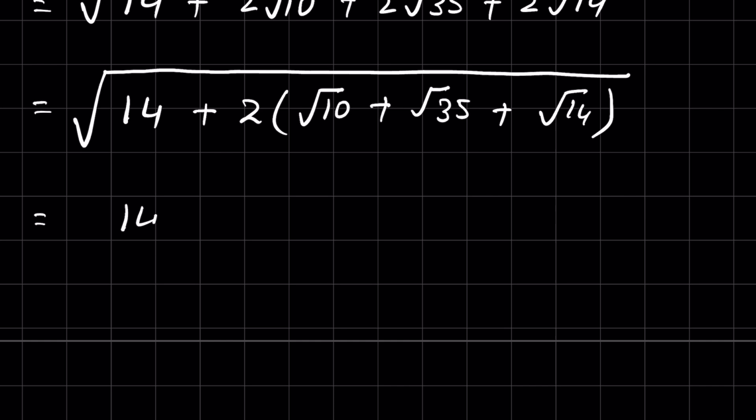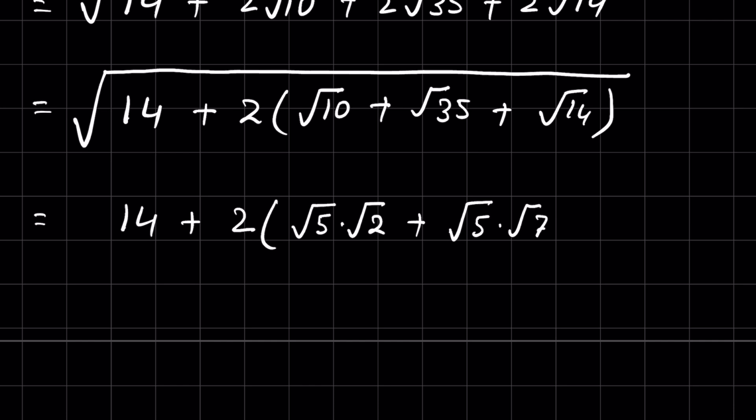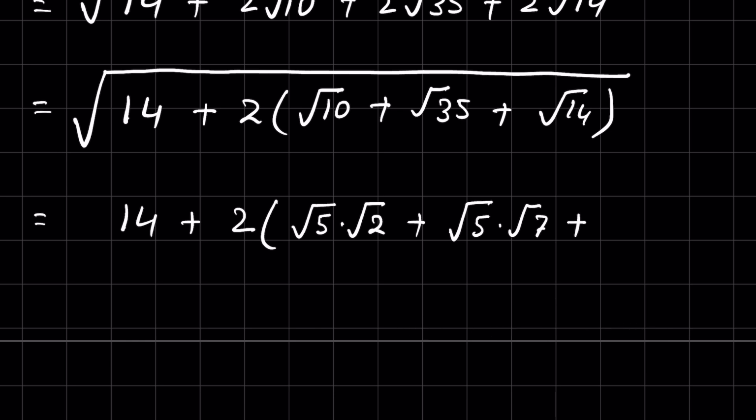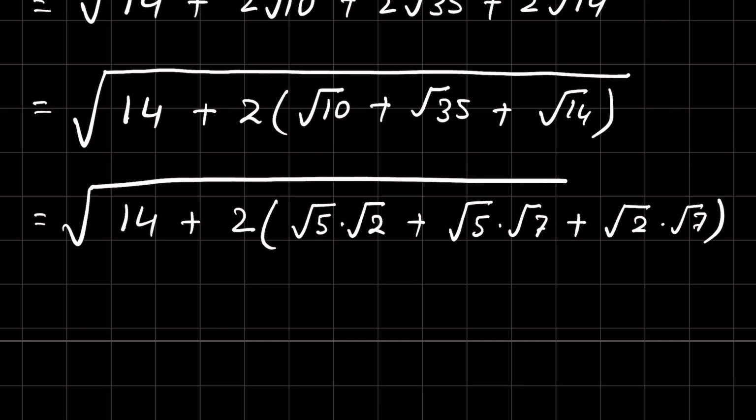We can write square root of 10 as square root of 5 times square root of 2, and square root of 35 as square root of 5 times square root of 7, because if we write square root of 10 as 5 times 2 under square root, we can write it as square root of 5 times square root of 2 using the property a times b under square root is equal to square root of a times square root of b, and square root of 14 as square root of 2 times square root of 7 under square root.